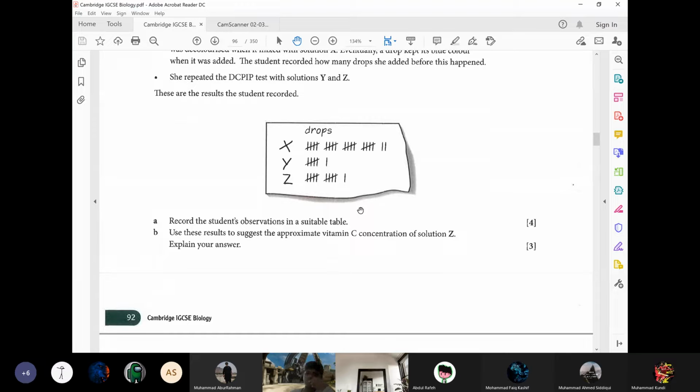You will tell that it took 22 drops of the DCPIP for the X solution, and it took 11 drops for the Z, which is half of X. So that is why we took the 0.2% as the half of 0.4%. Right, boys? Yes, sir.